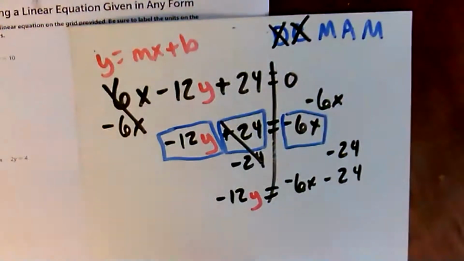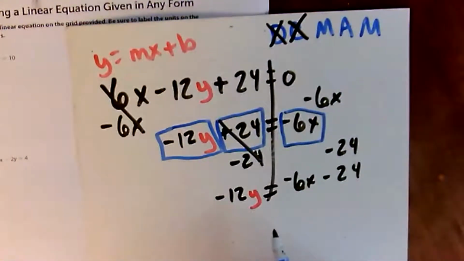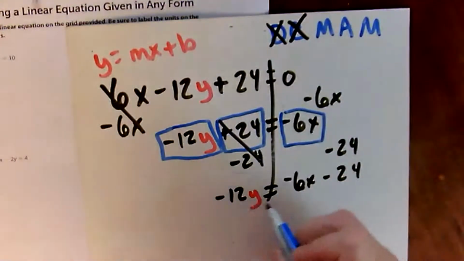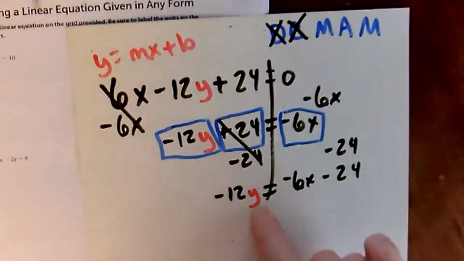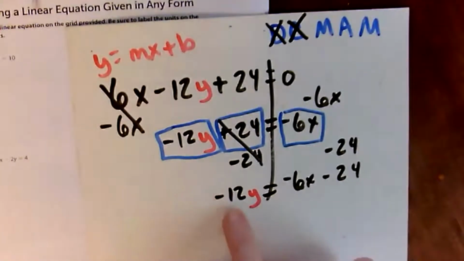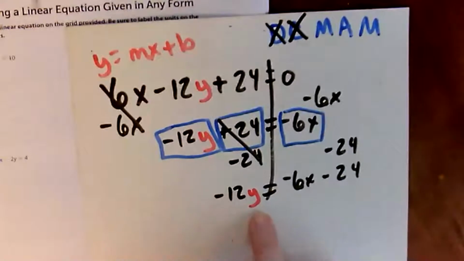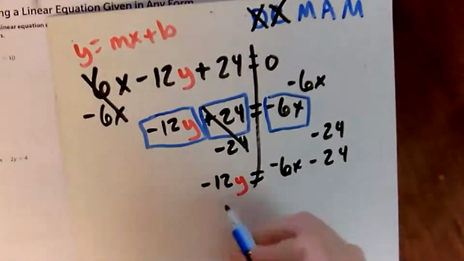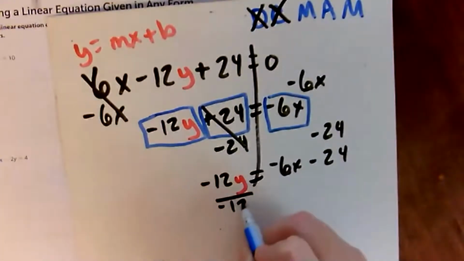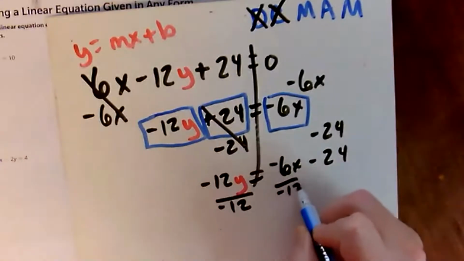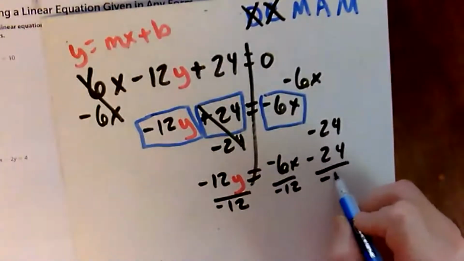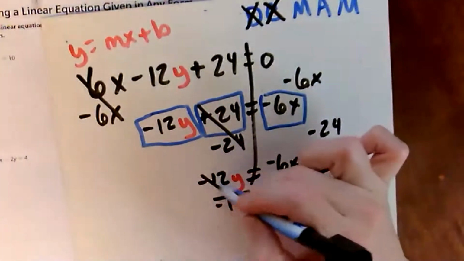Right? So now you divide by negative 12 on all sides? Yes, ma'am. Because we're trying to make Mr. Y happy. The operation happening between negative 12 and Y is multiplication. To undo multiplication, I have to divide. And what I do to one side, I do to the whole other side. So those cancel.